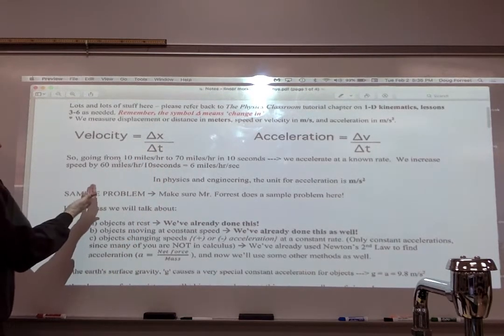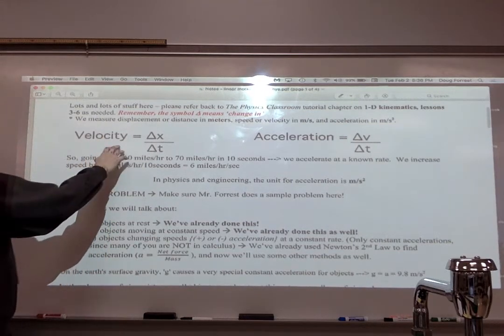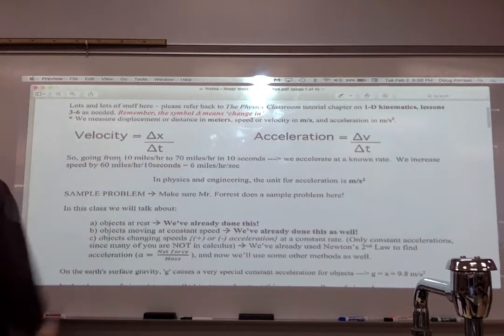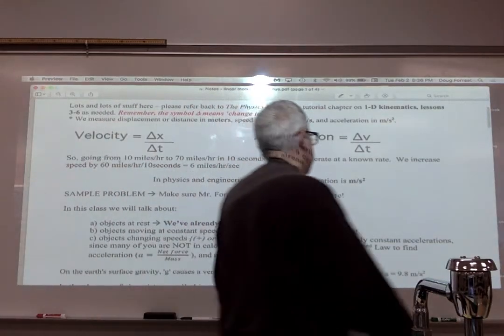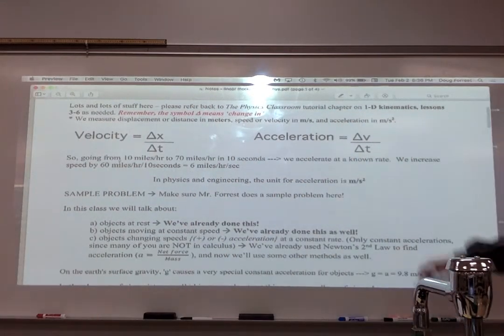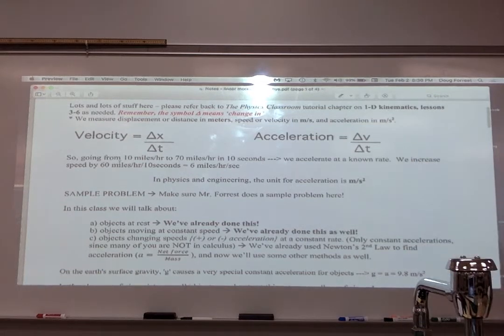So the slope of a position time graph tells us velocity. This isn't anything new. So this formula is going to be something we use a lot, and it's something we want to actually kind of quantify. Same way, acceleration is the rate of change of velocity with respect to time, so change in velocity over change in time. So it's the slope of a velocity time graph. So that's something we've done also.